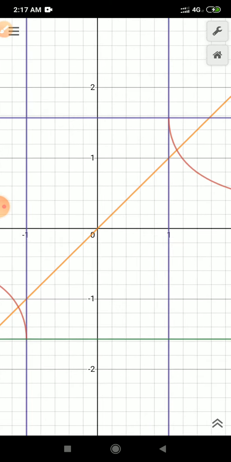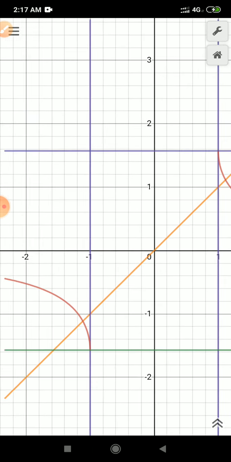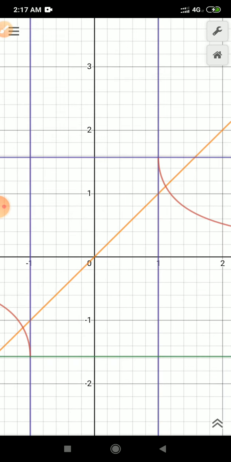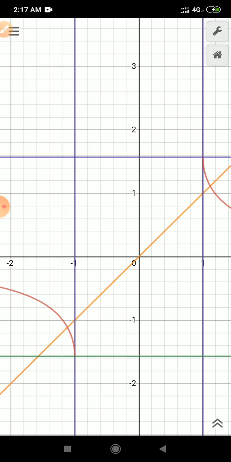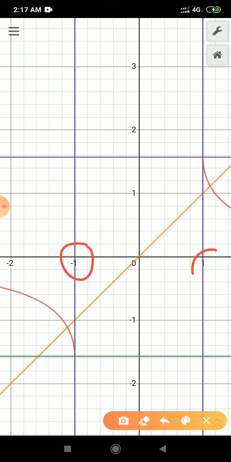See, for the lines x equals to minus 1 and x equals to 1, these two points are x equals to 1 and minus 1, and accordingly the vertical lines are x equals to 1 and x equals to minus 1. And between the values minus 1 and 1 the function has no trace. So for the domain this part will be excluded from the set of real numbers.